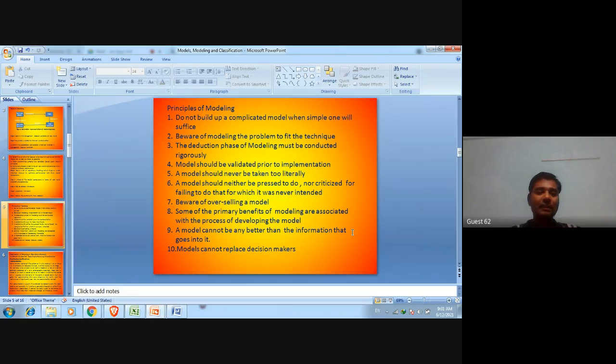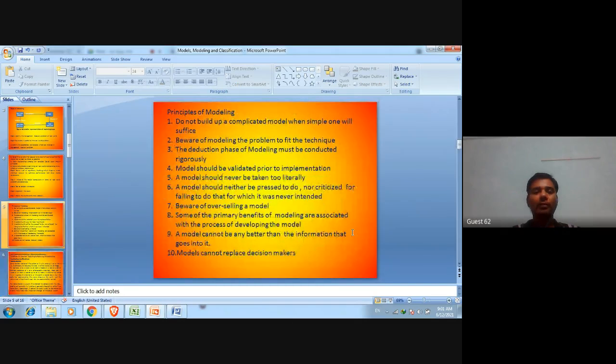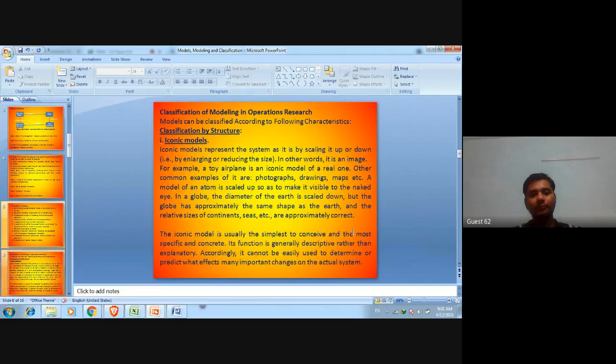So these are some principles of modeling. We also have some types of models, or you can say classifications of models, and we have lots of models according to the situations.